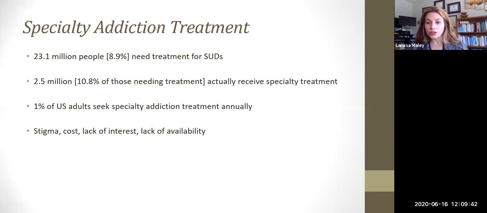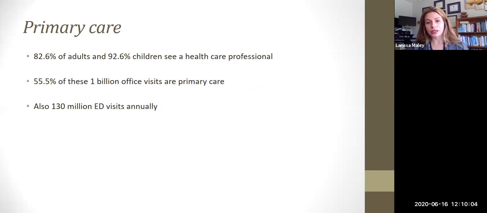It hits multiple domains. It isn't one simple, straightforward intervention. It's numerous interventions applied over time, so it tends to be fairly costly. And then there's just, as treatment providers, stigma within those areas. So there's a lack of interest in even looking into treating this population or getting training to treat this population. And so that translates into a lack of availability.